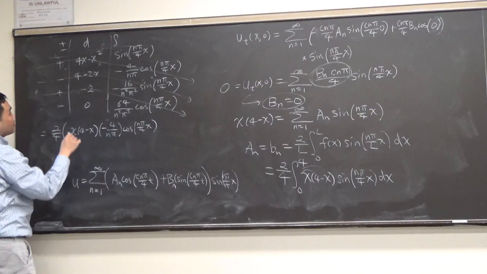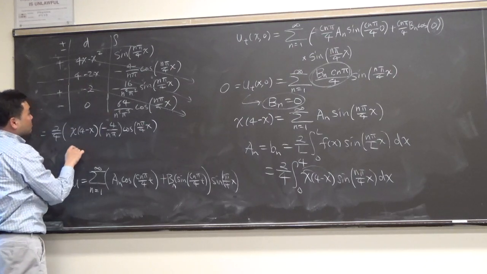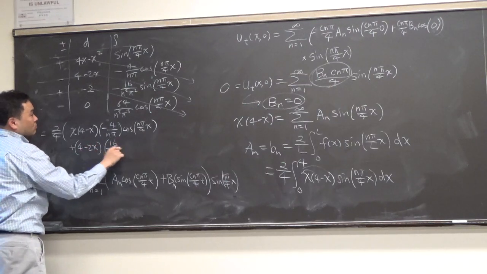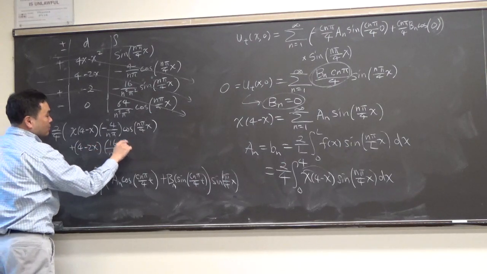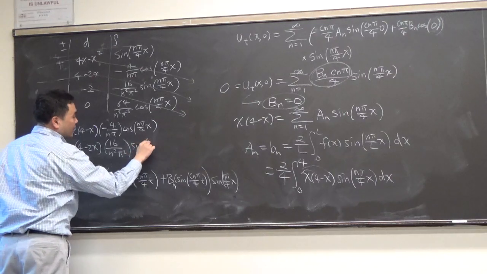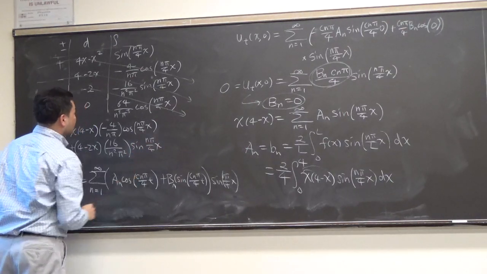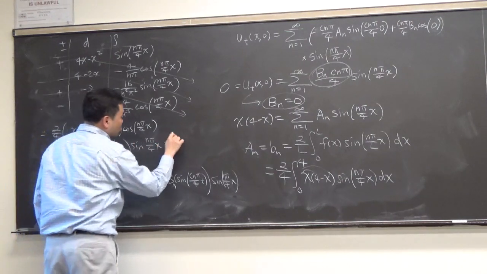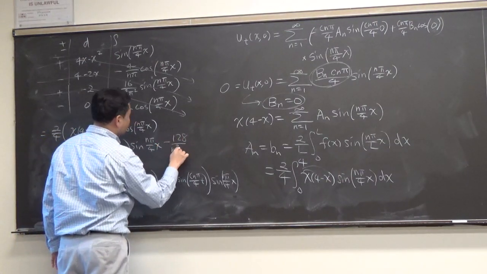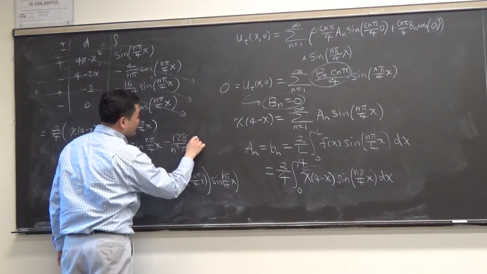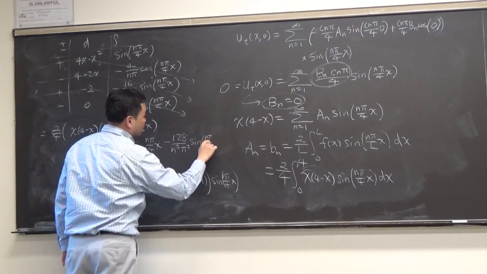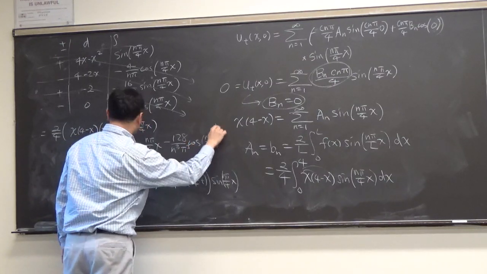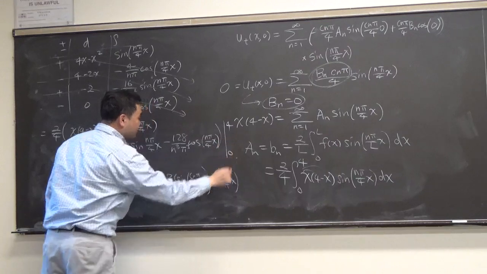And then negative times negative is positive, so it's plus 4 minus 2x times 16 over n squared pi squared sine n pi over 4x. And then finally minus 128 over n cubed pi cubed, cosine n pi over 4x. And then to this you plug in 4 and 0.